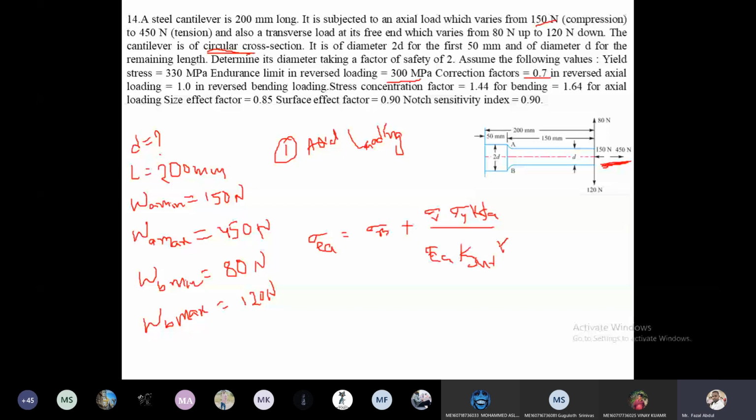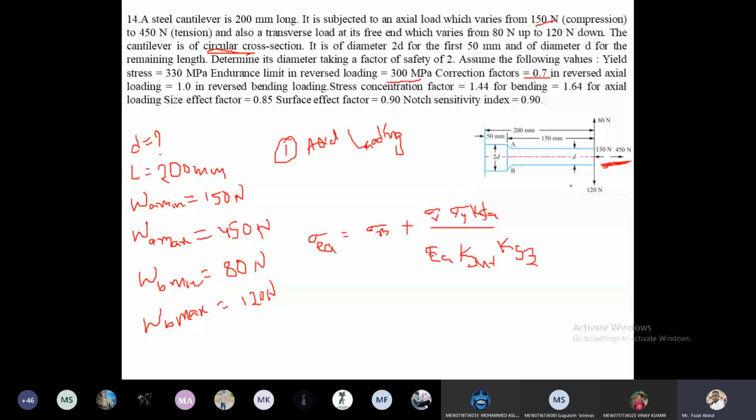Why? Because the system is subject to combined loads. In previous cases, if you remember, the question gave either pure axial loading, or totally transverse loading, or totally torque. Separately, these three systems of load application are there: pure axial loading, pure bending loading, or pure torsion loading.